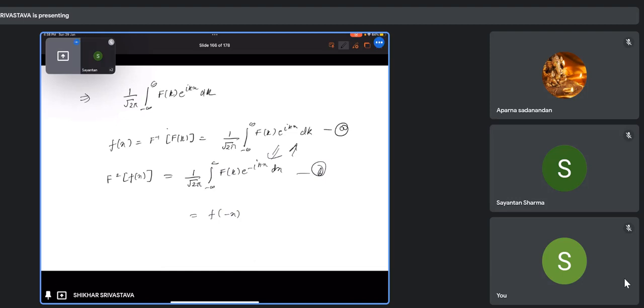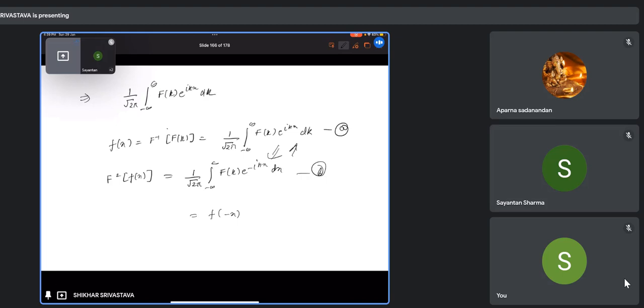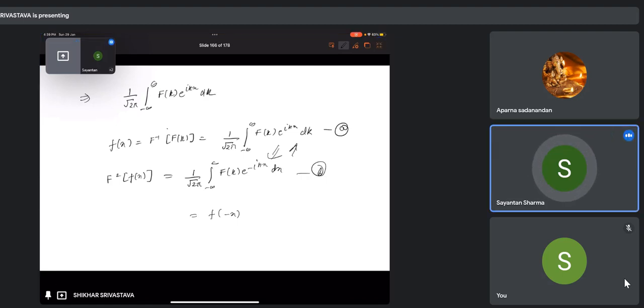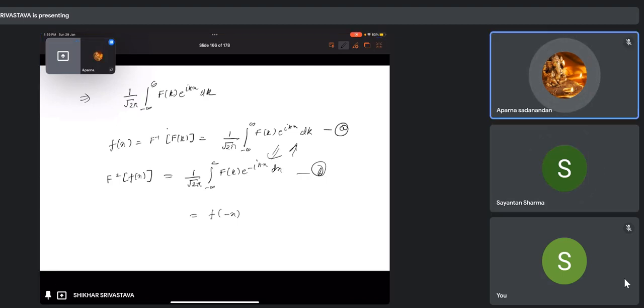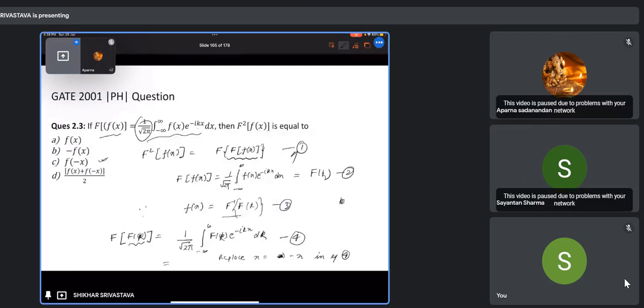Is this clear? You just have to find this Fourier transform. Is this clear, or shall I repeat it? I actually got it mathematically, but I was trying, sir, previous slide.